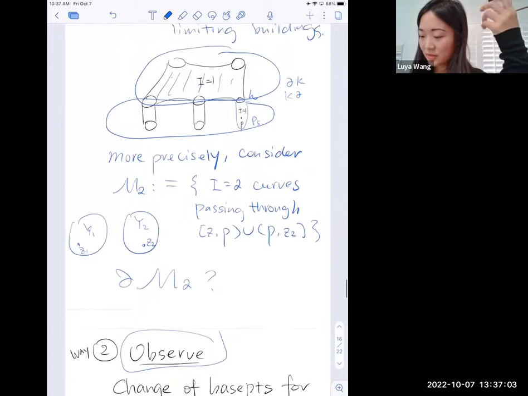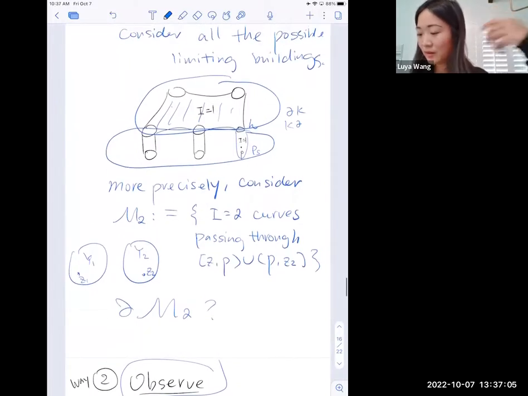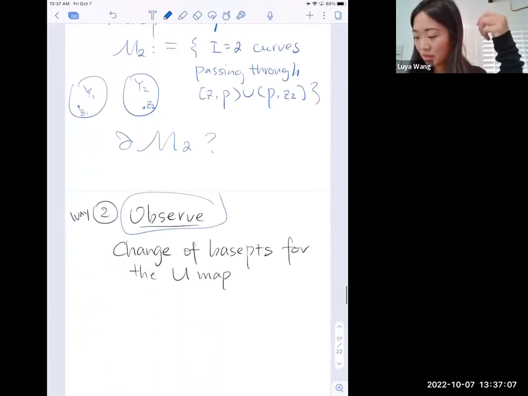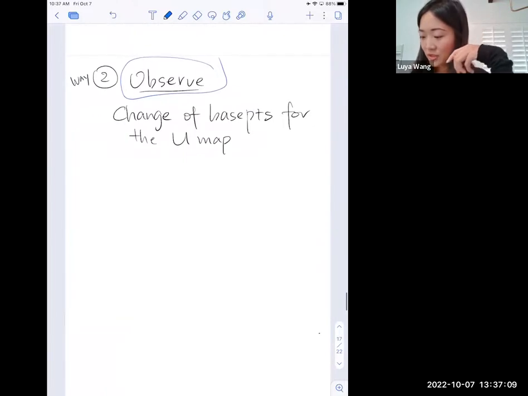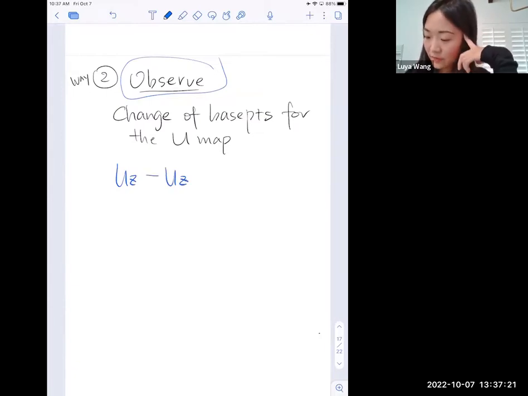So instead of considering this limiting building argument, you can just consider the change of base point chain homotopy given in the original ECH. So if I change base point, originally I have Z, now I have Z1, then these two U maps are actually related by partial K plus K partial.